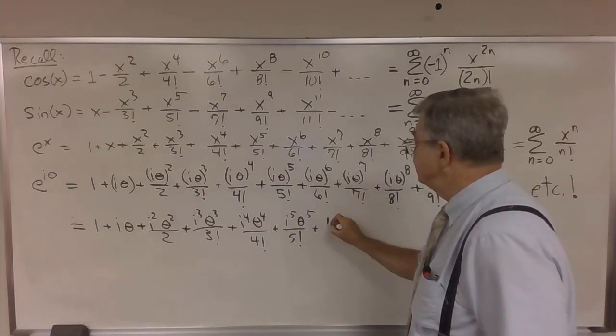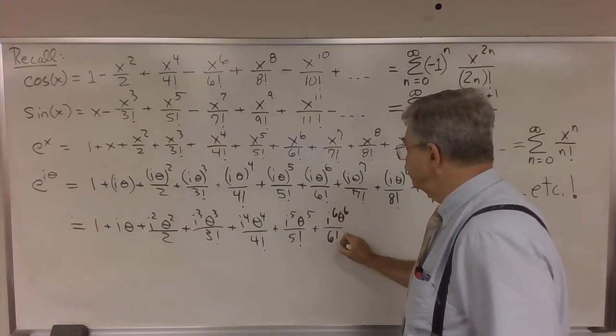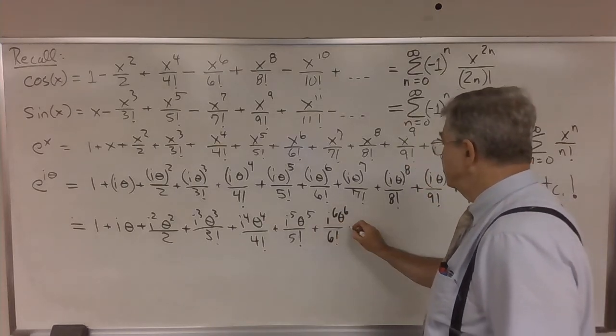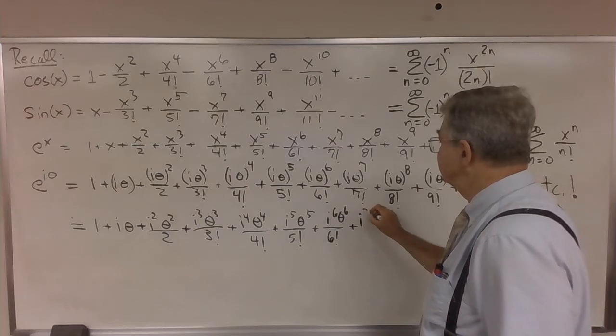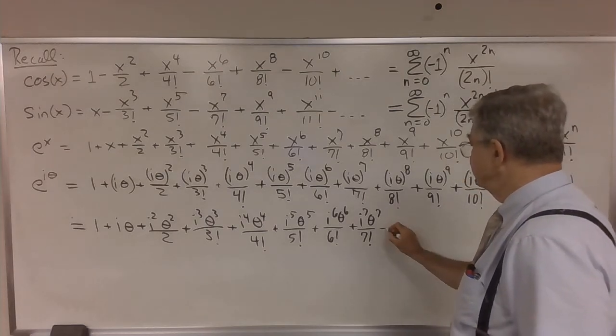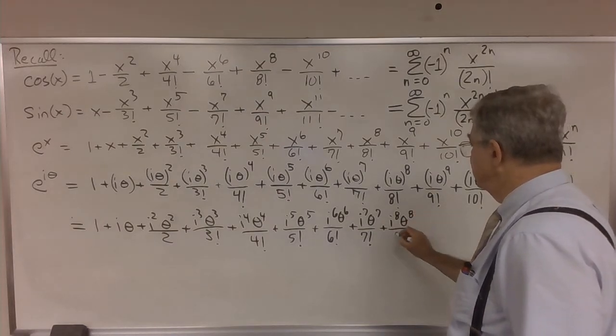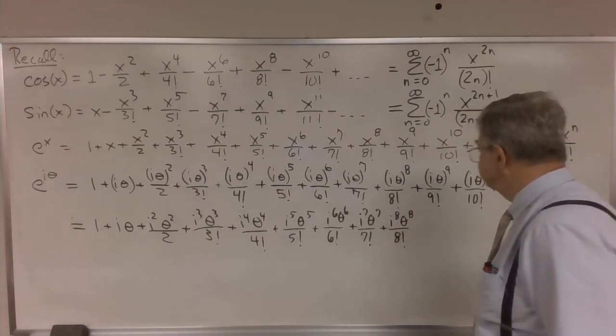i to the 6th theta to the 6th over 6 factorial. Plus i to the 7th theta to the 7th over 7 factorial. i to the 8th theta to the 8th over 8 factorial.